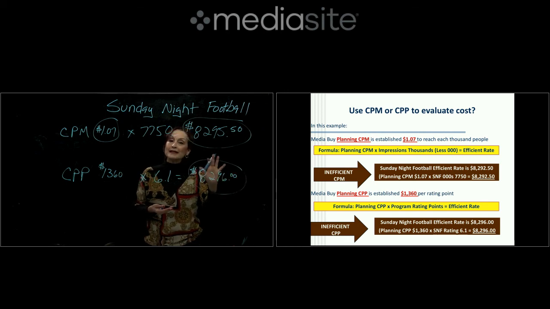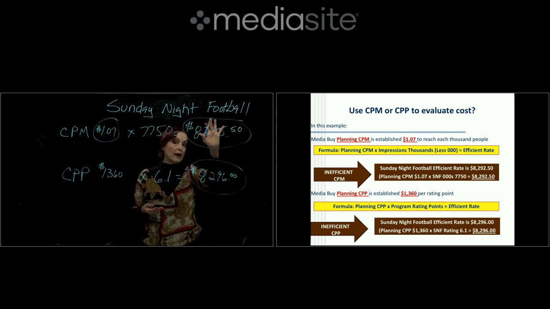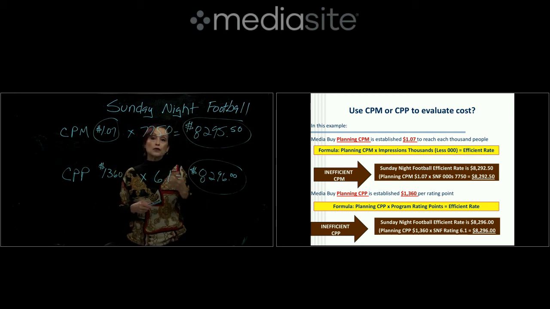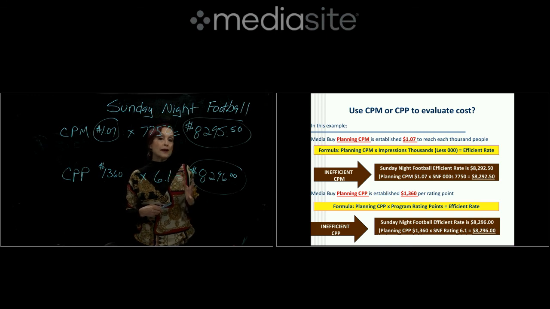Do you see that the resulting rate using CPM is 8,292.50, and the resulting rate using planning cost per point is $8,296. They may be a little off by a couple of dollars or even cents, but either one can be used by the planner and the buyer to negotiate rates with the media. Now, do the same for the rest of the inefficient programs in the charts, and always remember that you're going to find the answers in the full lesson PowerPoint for this module.